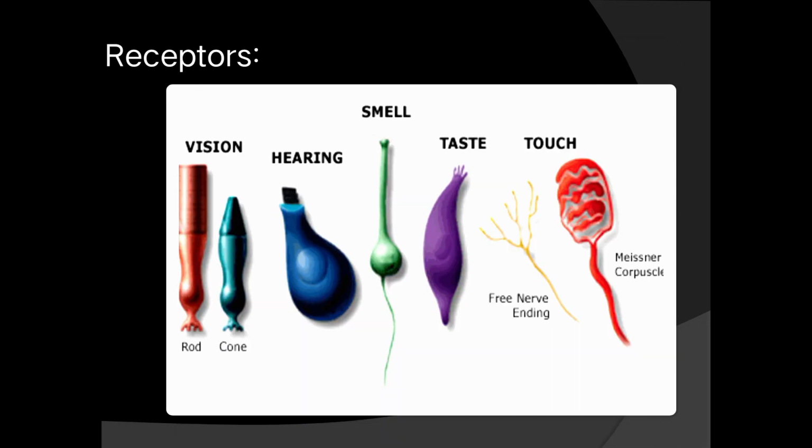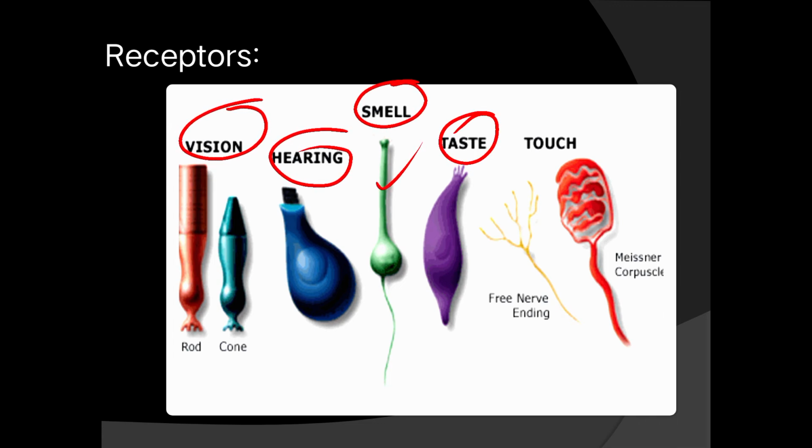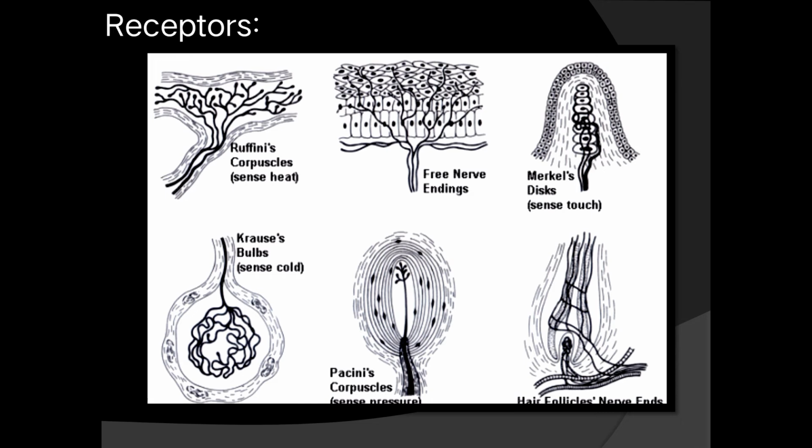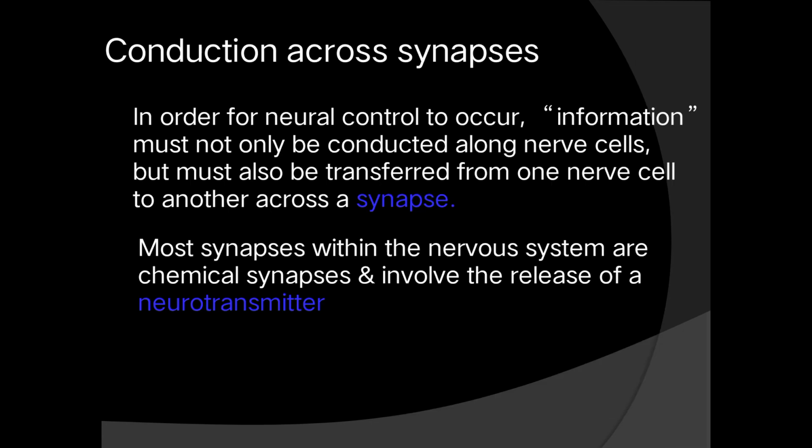Vision has rod cells and cone cells, hearing cells, smell cells, bipolar cells, taste cells, the free nerve endings for touch, and Meissner capsules appearing like this. So there is a variation in the structure also. Ruffini capsules, here we can see Krause's end bulb, Pacinian capsule appearing like this, free nerve endings appearing like this, Merkel's disc appearing like this, and hair follicle nerve endings appearing like this. So there is a difference.